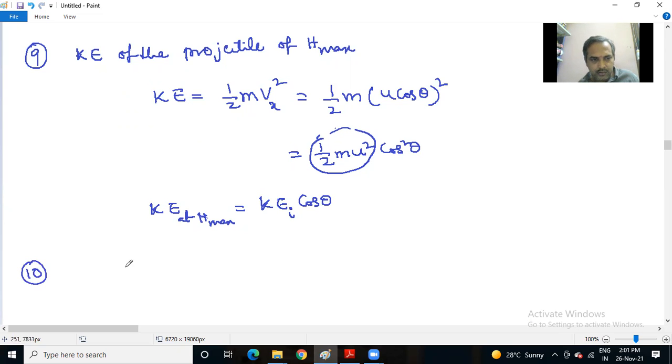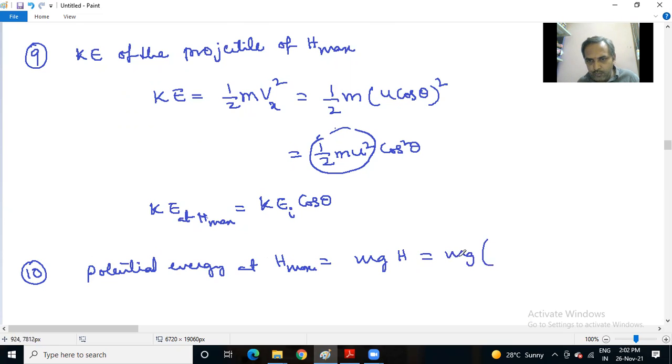Now the last one, potential energy at h max. Get back the expression of potential energy, it is mgh, then m g into h, where h is u square sin square theta by 2g. g and g get cancelled.